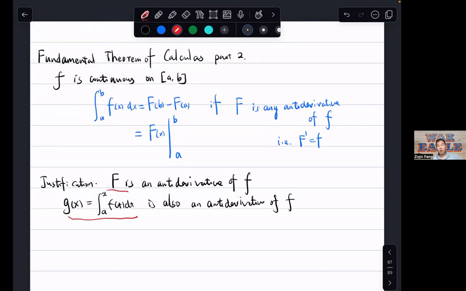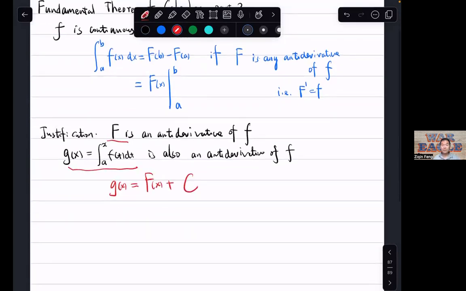Their derivatives are both equal to f. They are the antiderivatives of the same function. By our discussion before, if two functions share the same derivative, their difference is a constant. So we get g of x must be F of x plus a constant.